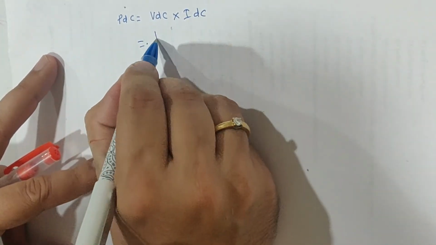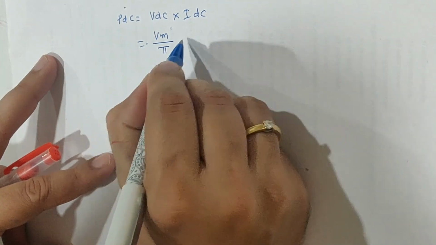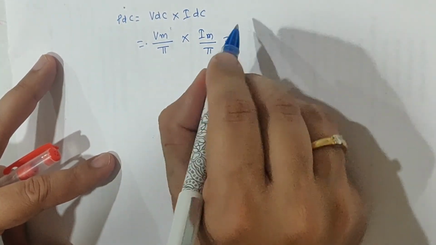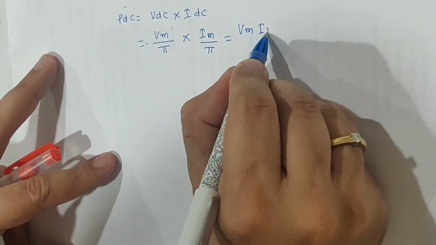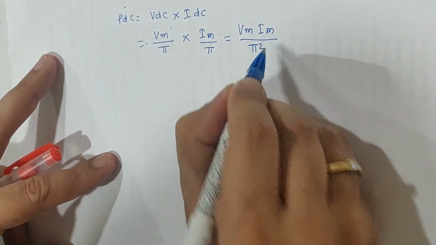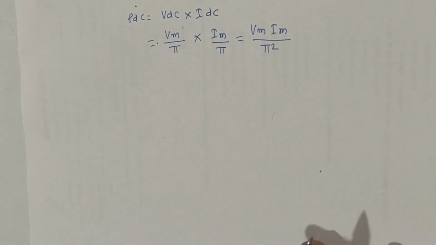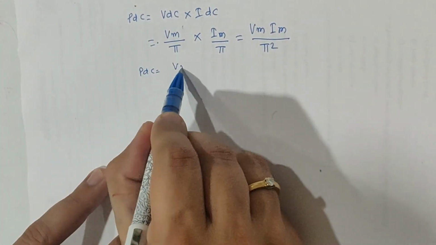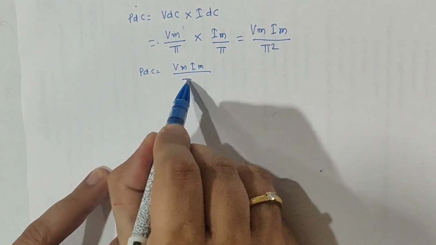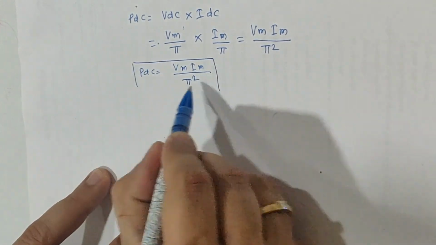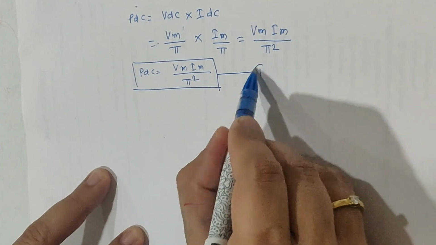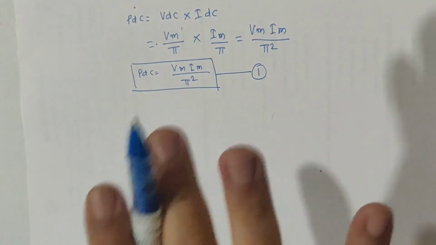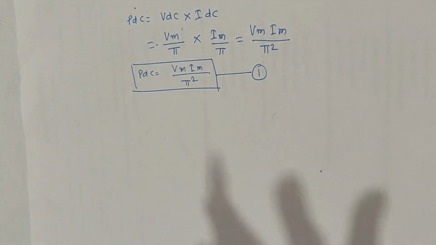Now what is VDC? It is Vm by pi. What is IDC? It is Im by pi. So I will write it is Vm Im by pi square. That is the value of PDC. So PDC is equal to Vm Im by pi square. Notice I have this to be equation number 1, because when I will be deriving the equation for efficiency, I will be in need of this formula.